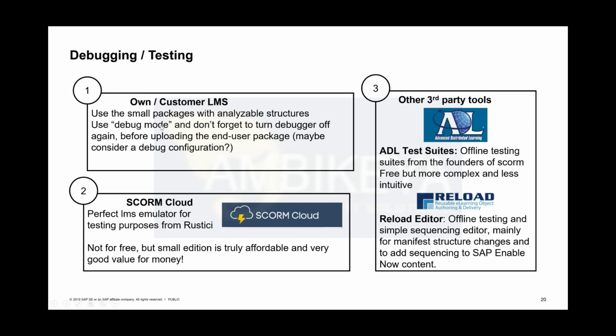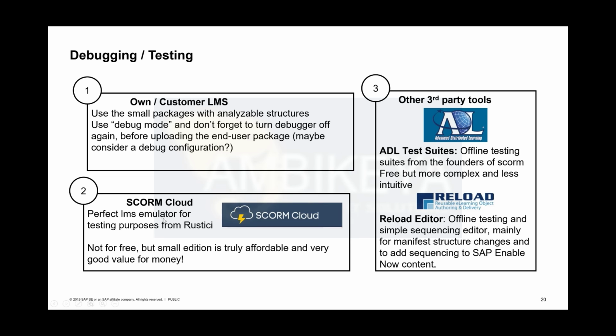Use debug mode. Don't forget to switch it off again before uploading, to really understand what is posted to the LMS based on what object that happens and what's the result. Maybe consider a debug configuration, just as I did. I personally consider this handy, but that's probably a question of taste.